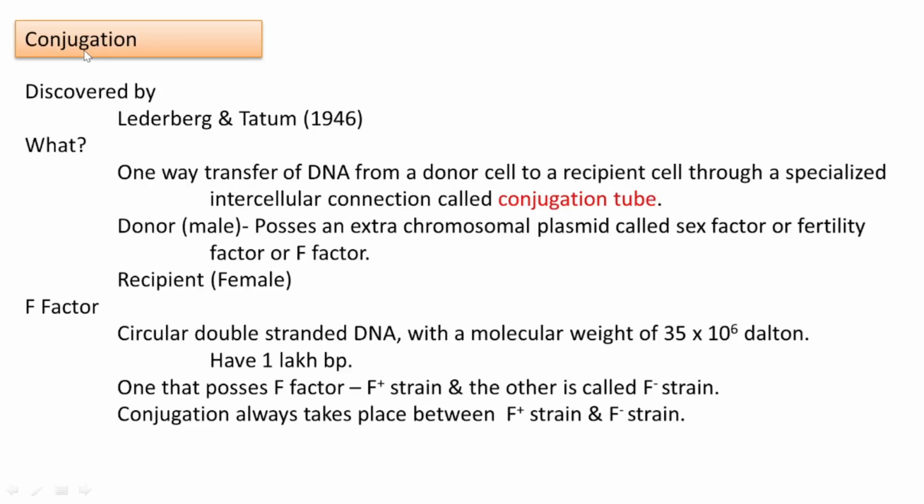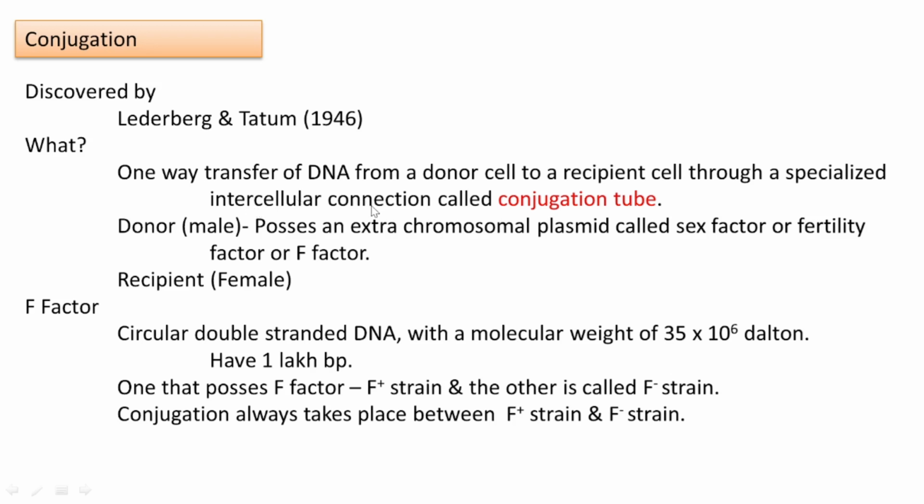Okay. The next recombination process found in bacteria is conjugation, and it was discovered by Lederberg and Tatum in 1946. What is conjugation? It is the one-way transfer of DNA from a donor cell to a recipient cell through a specialized intercellular connection between two cells.